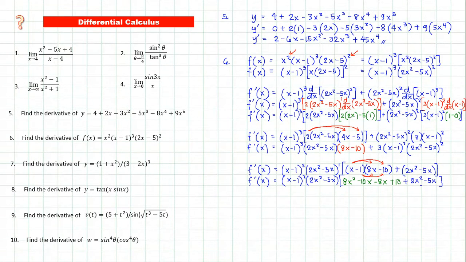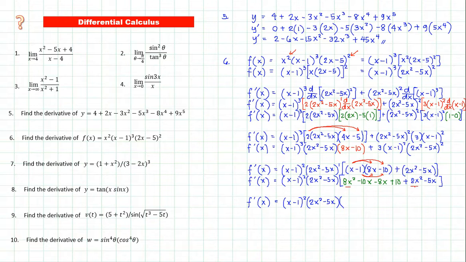Okay, so masisimplify pa yan. So we will have f prime of x. It is now equal to x minus 1 quantity squared times 2x squared minus 5x times, so simplify natin to. Ang pwedeng pagsamahin, yung mga x squared, we have 8 and we have 2.